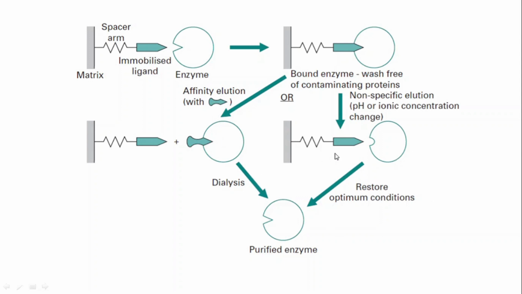If it is non-covalent, it just binds there, then you restore optimum conditions and you get the purified enzyme. Or, with the immobilized ligand plus affinity elution and the dialysis process, you get the purified enzyme.